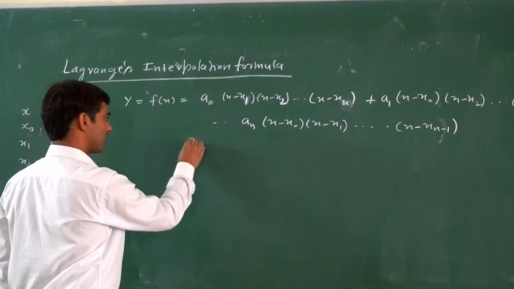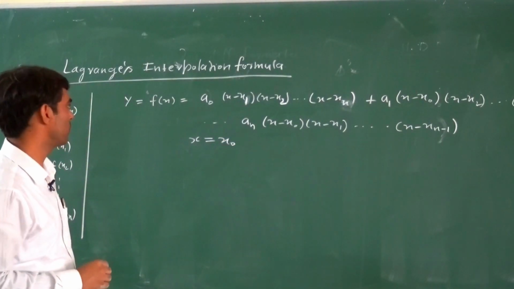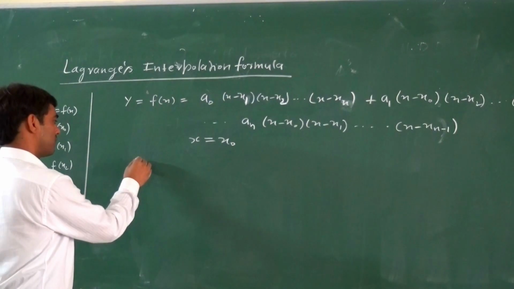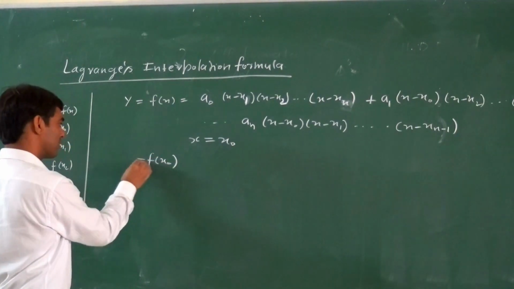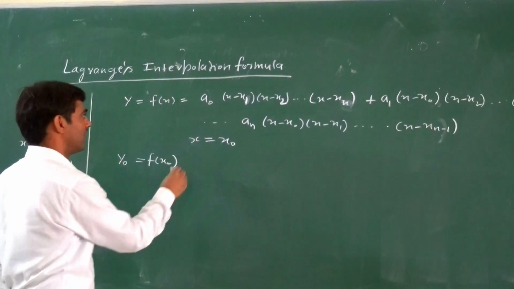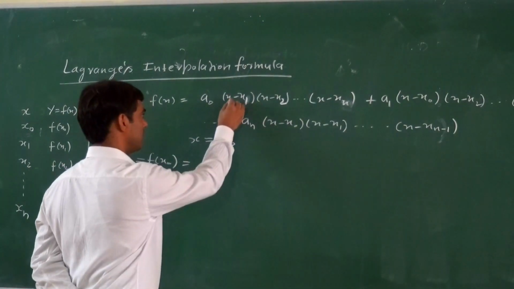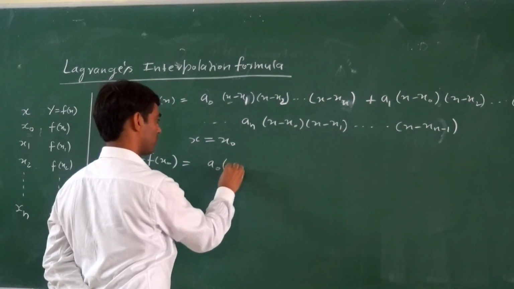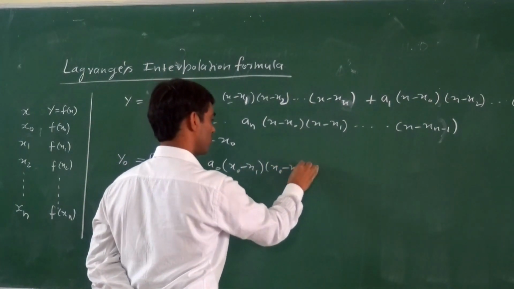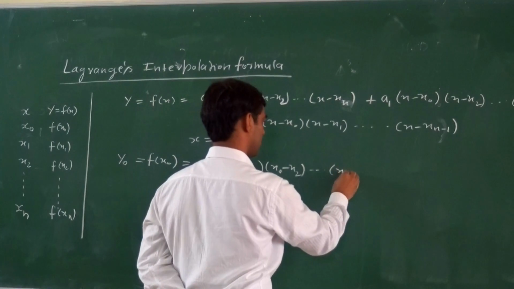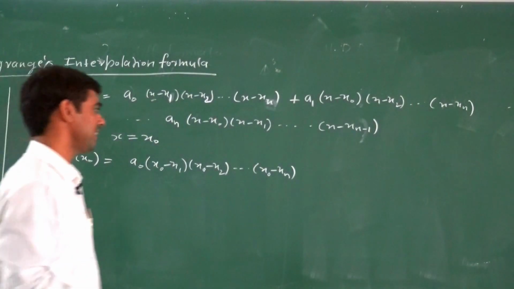So if we put x equal to x0, the right-hand side becomes f of x0, which may also be written as y0. This equals a0 times x0 minus x1, x0 minus x2, up to x0 minus xn.